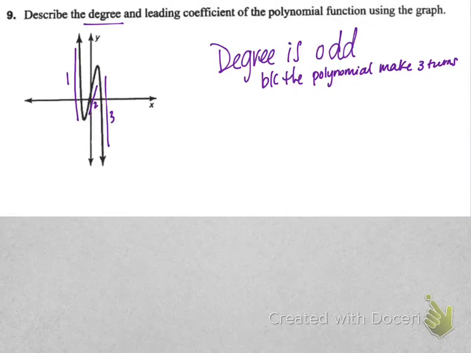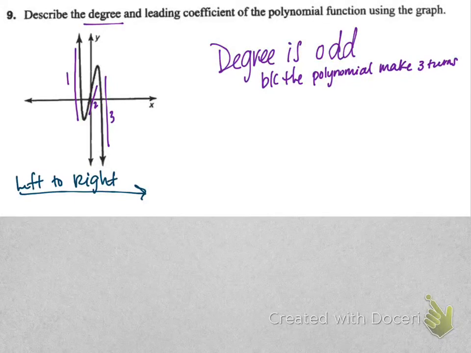So then the second part is, well, what is our leading coefficient, or what type of number is our leading coefficient? So from here I can say, well, remember how in Algebra 1 you guys learned to determine if a linear function was positive or negative, and you determined that by reading the graph like a book from left to right.